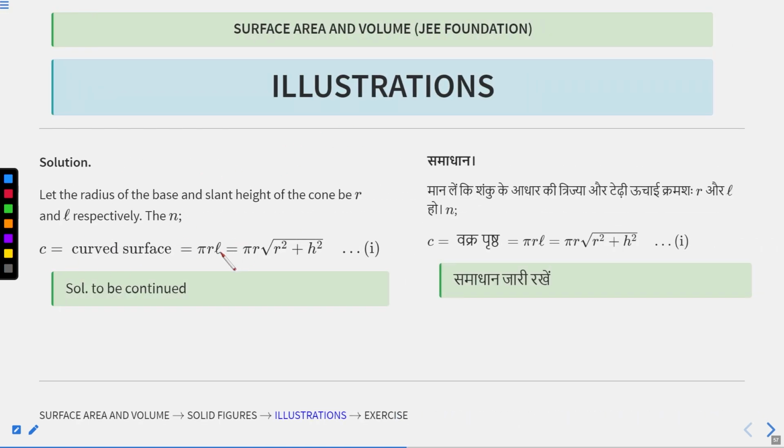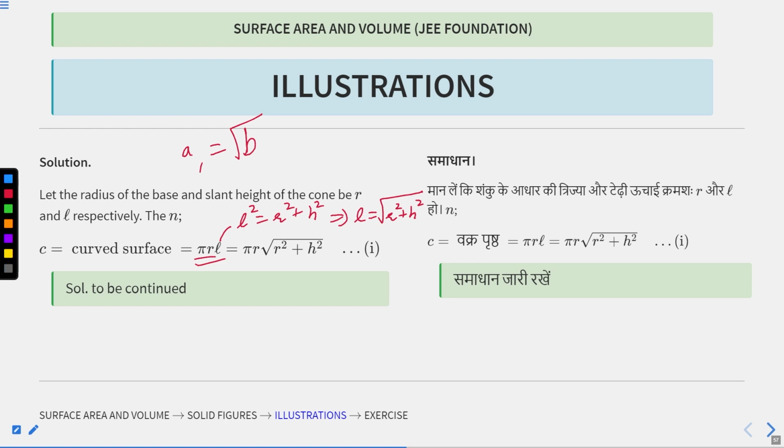So the curved surface area is pi r l, and I used l square equals r square plus h square. That means l is equal to root of r square plus h square. Whenever this kind of thing is given, say b here, if we remove the square from here, we put a root over here.